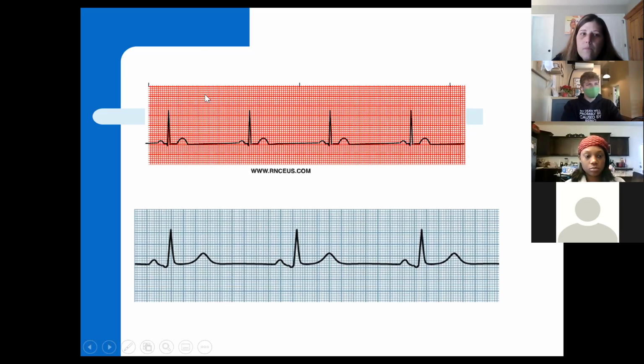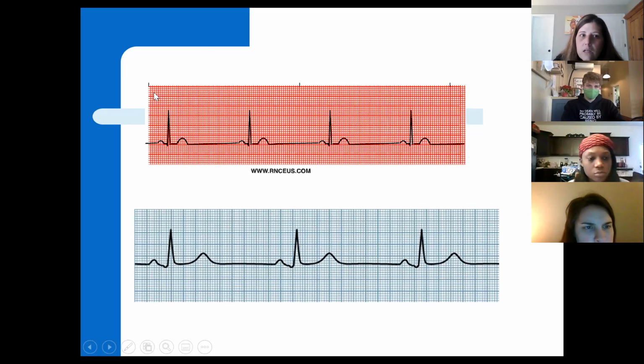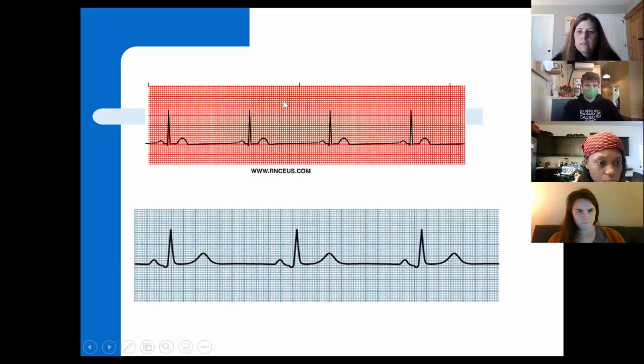Now, we talked about measuring. So, see the bold line? Remember we said 1,500 divided by the little tiny squares within the big box, or 300 divided by the number of big squares. Do you remember when I said that on that slide?